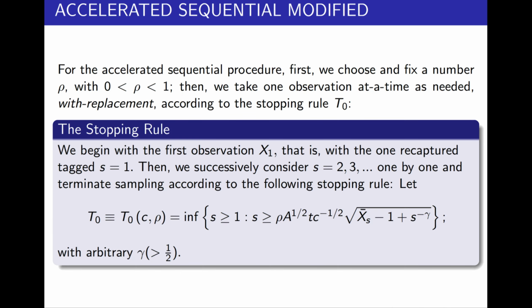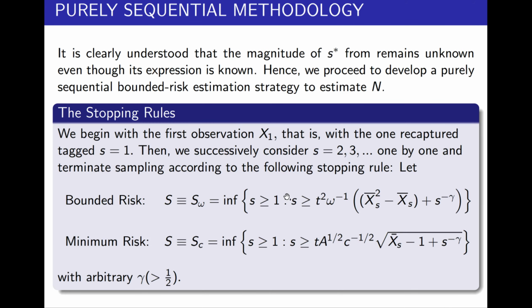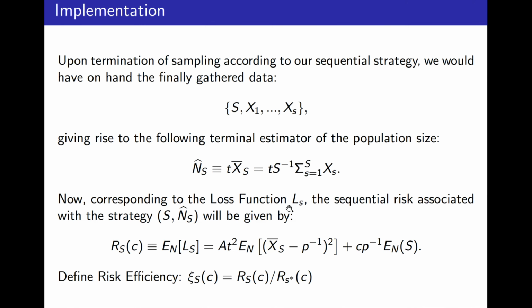So let me go back to the problem again. Once this condition is satisfied, we will stop, and we have this data in our hand, and using that data we can get an estimate of the population size, and we can compute the ratio of the risks, optimal risk and the sequential risk, and that is called risk efficiency.